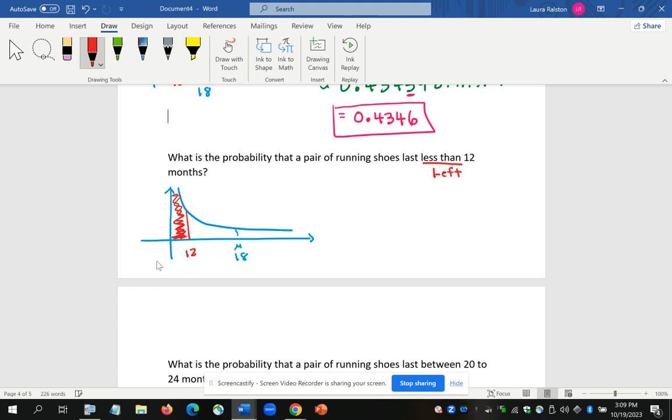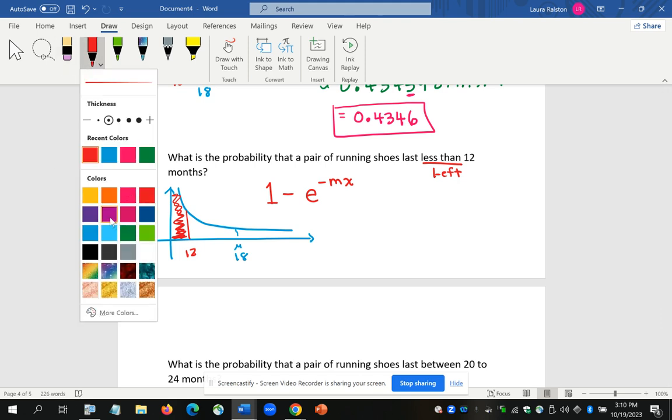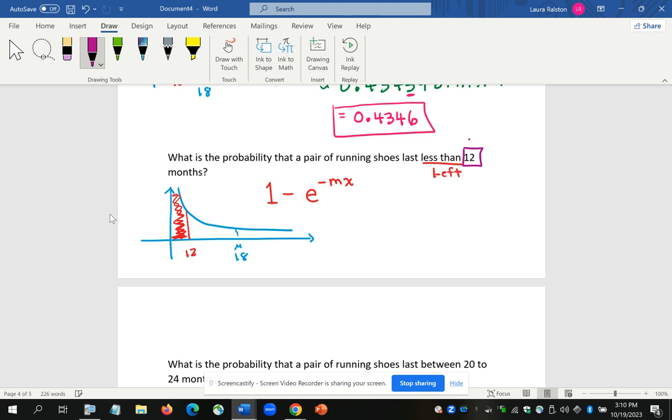If we're to the left, the formula is 1 minus e to the negative mx. My x, which is my point of interest given in the problem, is 12. Okay, so I'm going to plug it in. I have 1 minus e to the negative 1/18 times 12.